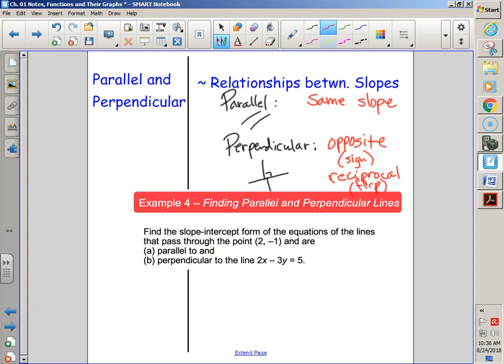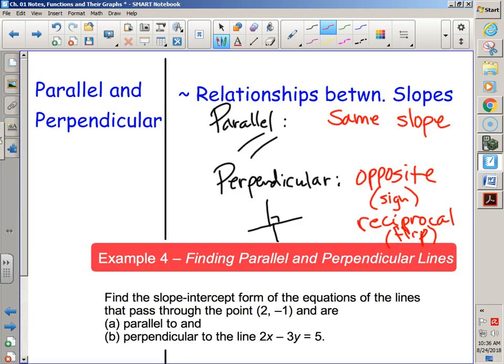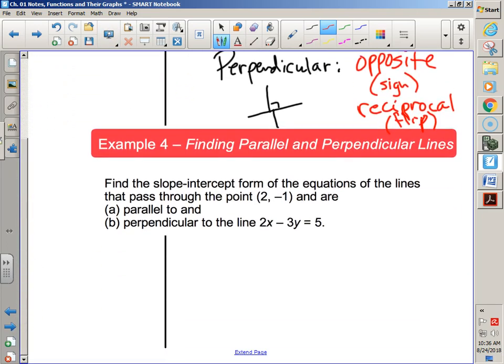So here's the dealio. If you have an example like number 4, and this is our last thing for today, and the end of section 1.3, which is why homework is due on Monday, on lines. What do you see that they've given you? A point and another line. They gave us a line and a point.